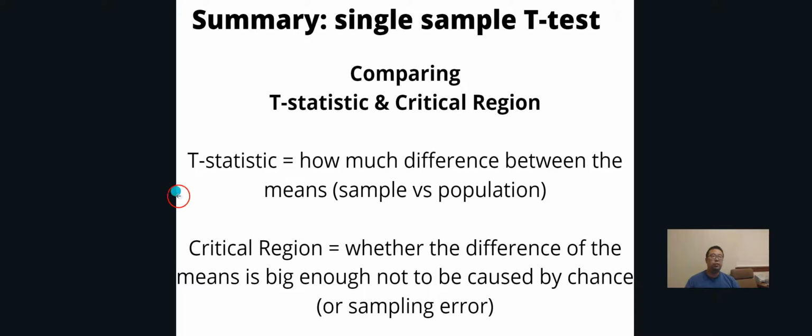Based on the critical area, you might remember the bell-shaped distribution, with two points as the positive critical and negative critical values. We shade those two tails, and if our t-statistic is inside of those two tails, it means it happens less than 5% by chance.